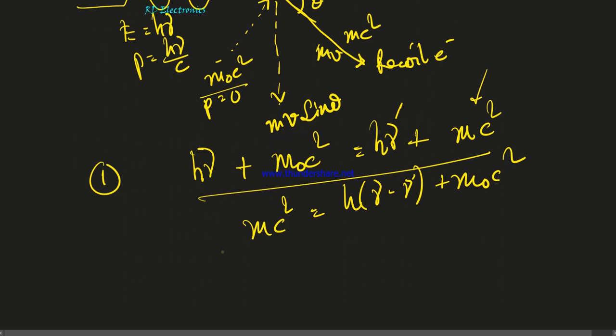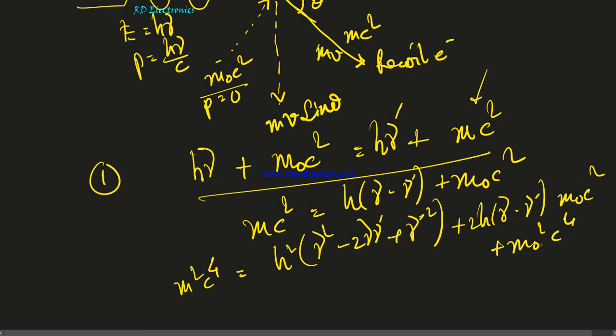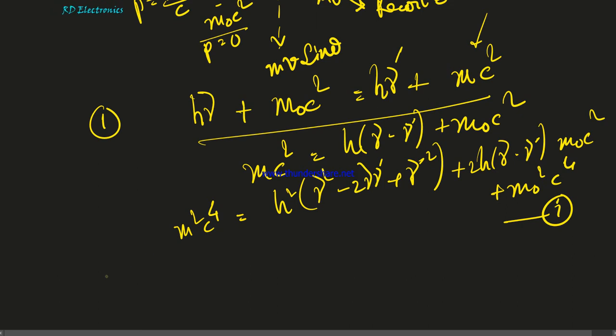Squaring both sides, we get m square c to the power 4 equals h square into nu square minus 2 nu nu dash plus nu dash square, plus 2h nu minus nu dash into m0c square, plus m0 square c to the power 4. So this is basically equation 1.